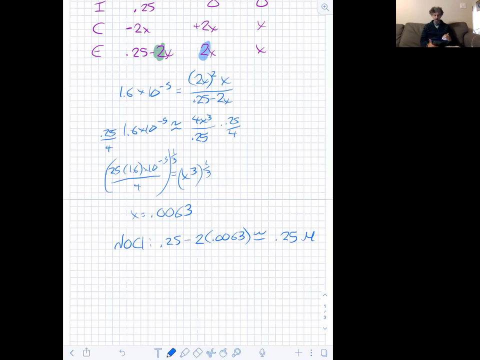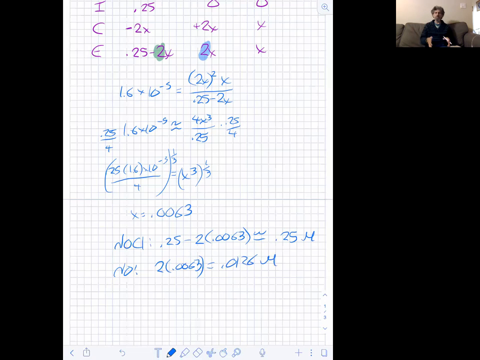But the nitric oxide is 2 times that. And that is worth noting because there wasn't any before. So if we do 2 times 0.0063, we have 0.0126.